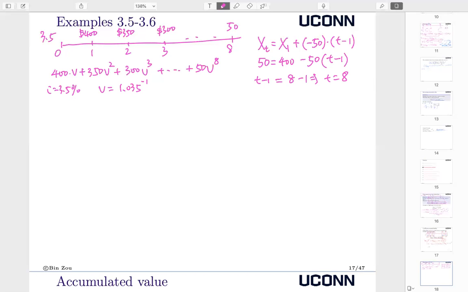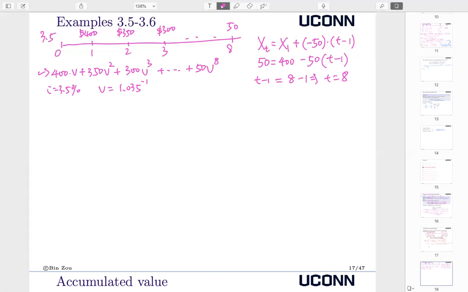I mean, you can go on, you can get the answer in 1 minute. No formula is needed as long as you understand this. Right? Of course, sometimes the number of terms can be crazy, like 30, 40. If you still want to do it by hand, well, it will take you longer time, and you are more likely to make mistakes. In that case, you do need a formula.